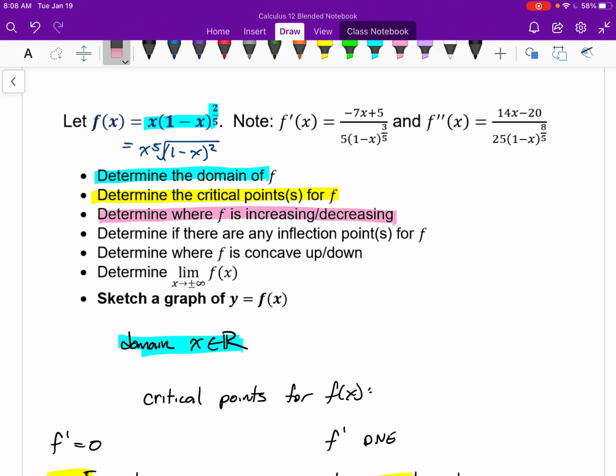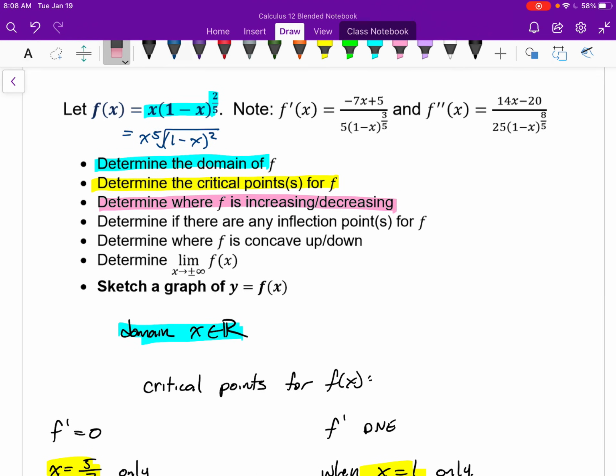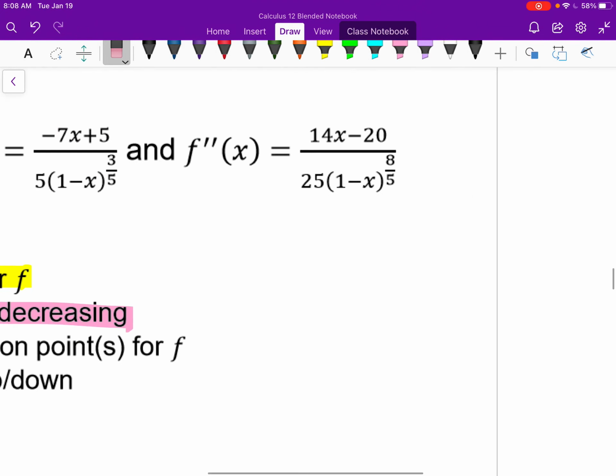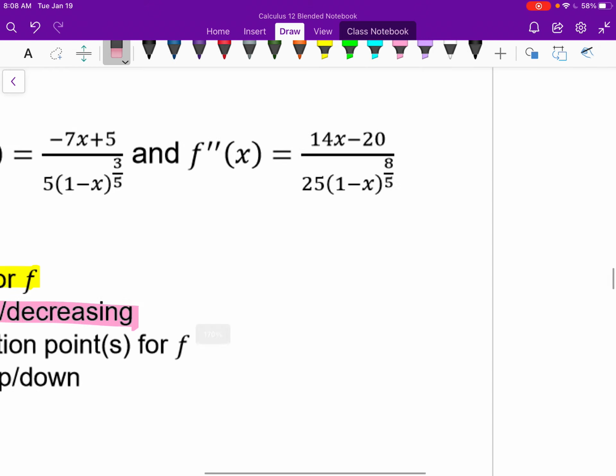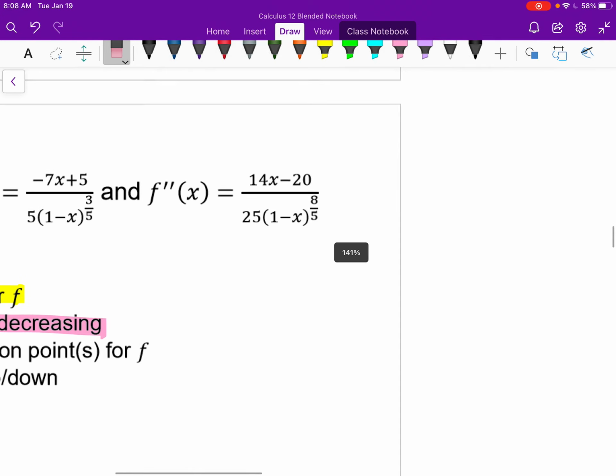All right, determine if there's any inflection points. If there's any inflection points, I need to look at my second derivative, which I have up here. And this will have inflection points anywhere my second derivative equals 0. So I can just tell by looking at this, this will equal 0 when my numerator equals 0. When 14x minus 20 equals 0.